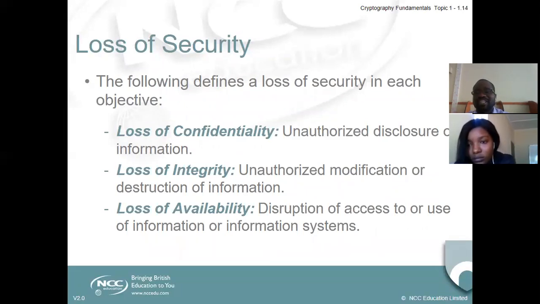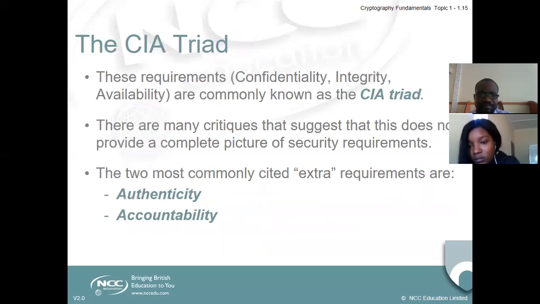Loss of confidentiality is unauthorized disclosure of information. Loss of integrity is unauthorized modification or destruction of information. Loss of availability is disruption of access to or use of information or information systems. That's the loss of security.